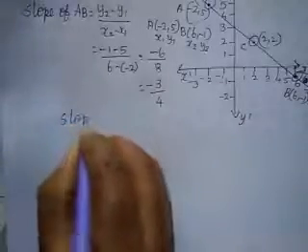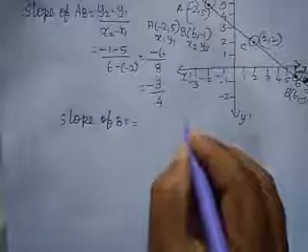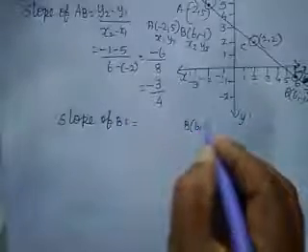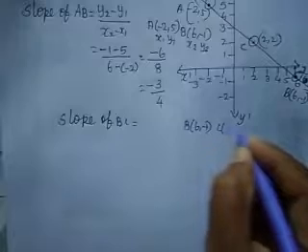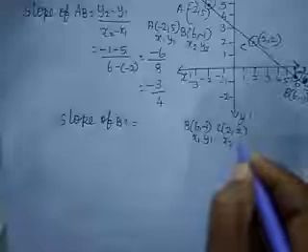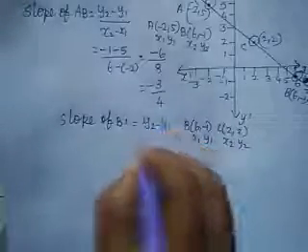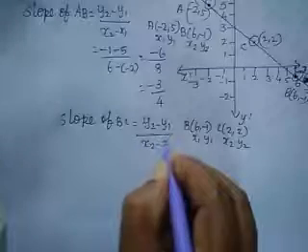So slope of BC is equal to, the points are B (6, -1), C (2, 2). So B is x1, y1 and C is x2, y2. Slope of BC is equal to y2 minus y1 by x2 minus x1.